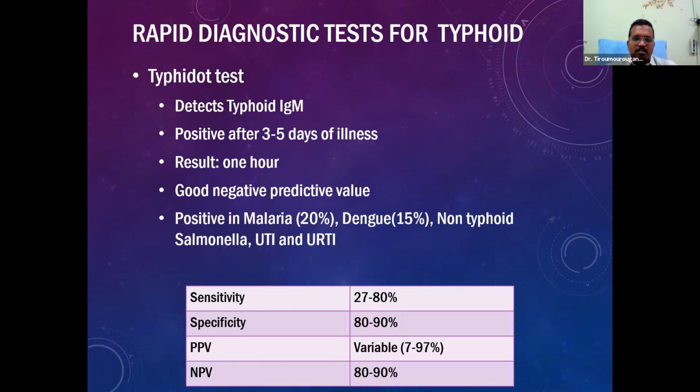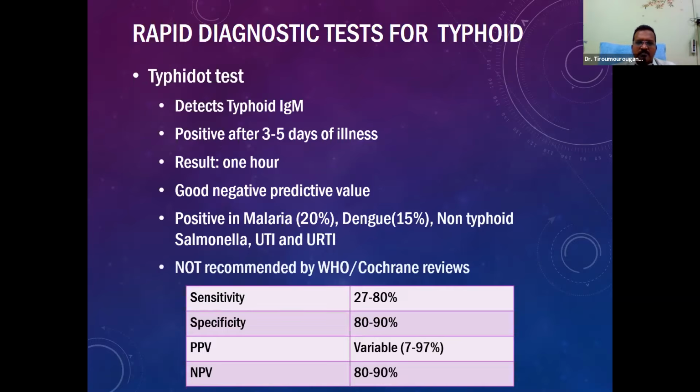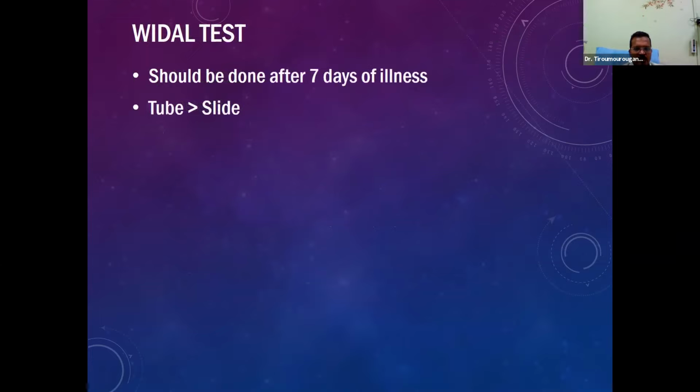The other problem with this is it could be positive in malaria, in dengue, in any other common fever, and even worse, non-typhoidal salmonella can cause positivity, and so forth. Hence, it's not recommended by anybody. We want to do it just to confirm what you already thought clinically: yes, fine, you got a positivity, so you're on the right track. But beyond that, it is of no use.